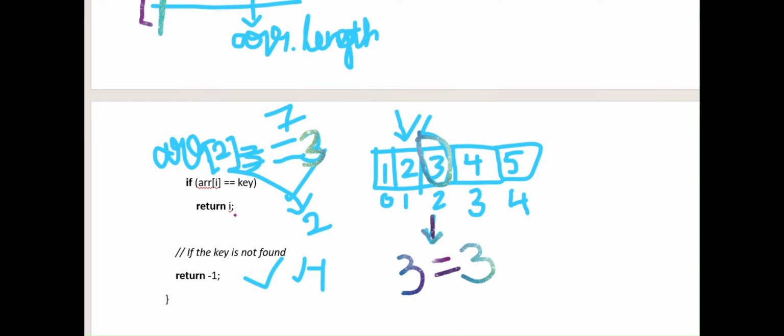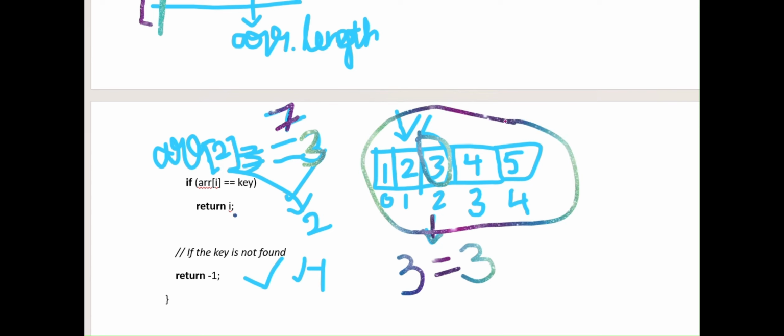Then it will return i. Here i is 2, because 3 is found at index 2. If the element is not found, for example if we take the element 7 to search in this array, 7 is not there in this array, then it will return -1.